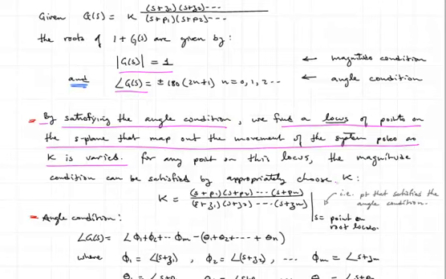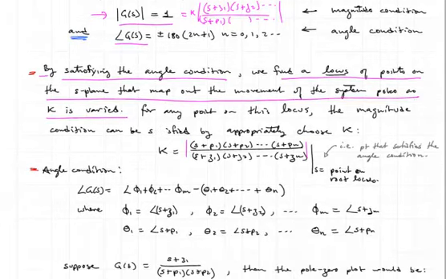And here, if the magnitude is equal to 1, then we're saying that the magnitude of (s plus z1)(s plus z2), etc., over (s plus p1) and so on, is also equal to 1. Oh, and with the k out front. And so we can solve for k by simply taking the reciprocal of that.